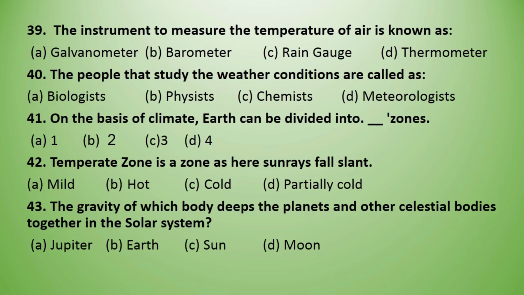B. Hot. C. Cold. D. Partially cold. Answer is A. Mild. 43. The gravity of which body keeps the planets and other celestial bodies together in the solar system? A. Jupiter. B. Earth. C. Sun. D. Moon. Answer is C. Sun.